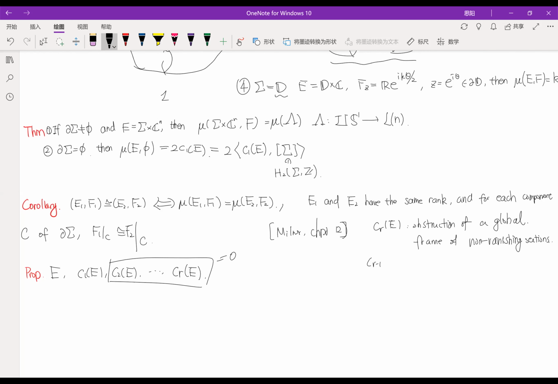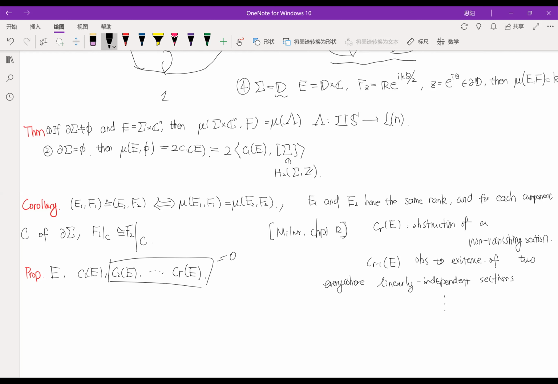And c_{R-1}(E) will be the obstruction to the existence of a frame of non-vanishing sections. So if one globally non-vanishing section exists, then c_R(E) must be 0, and so on; it is the existence of two linearly independent everywhere linearly independent sections, and so on.